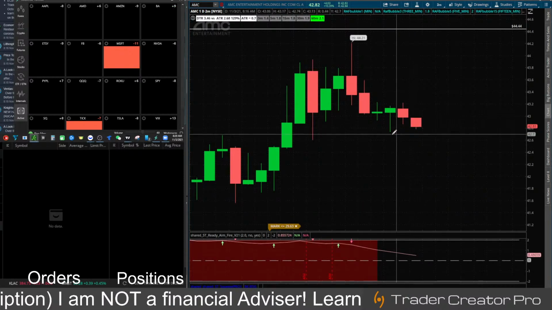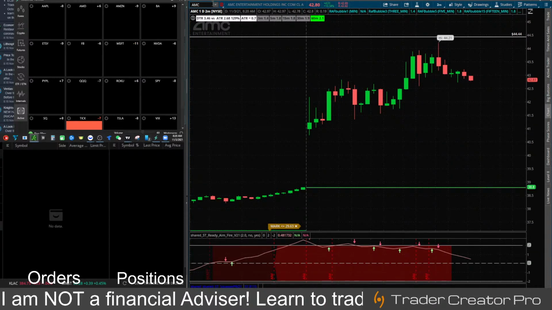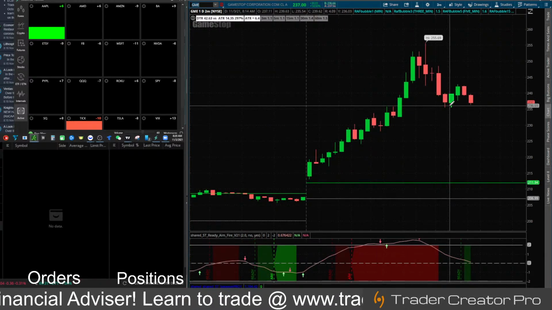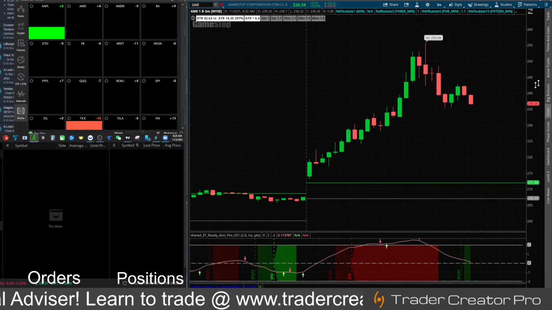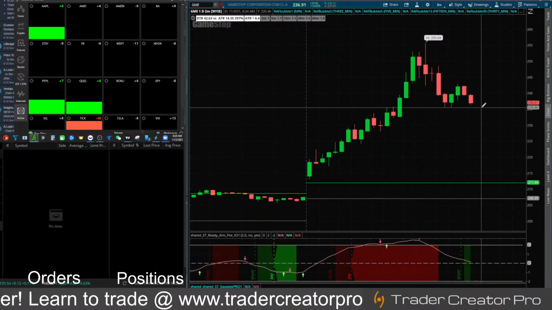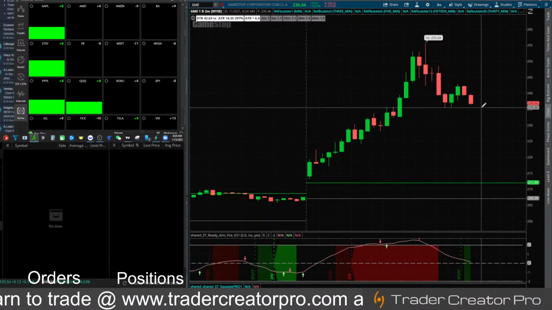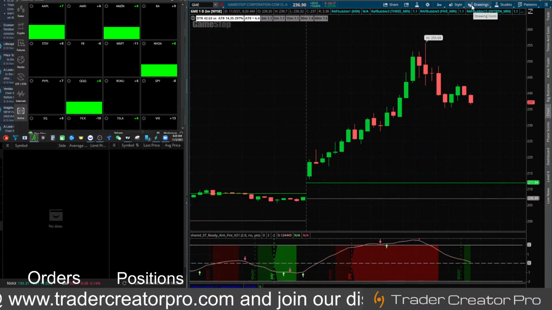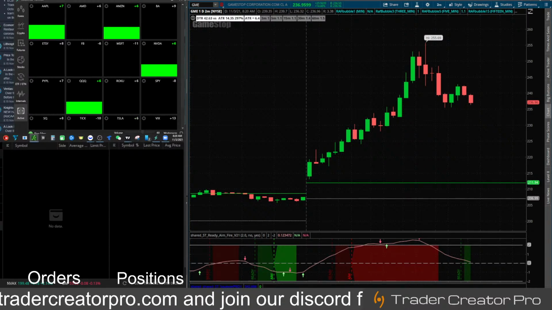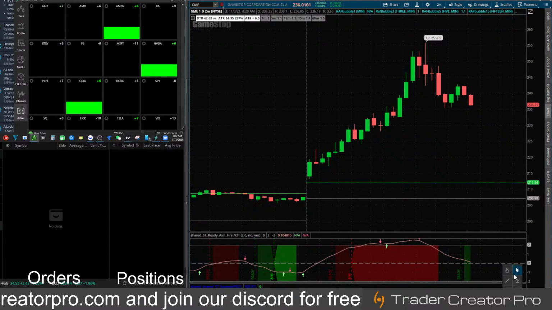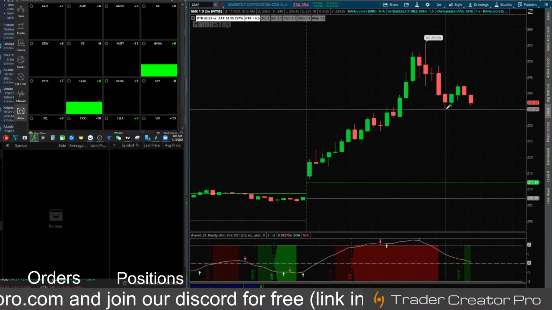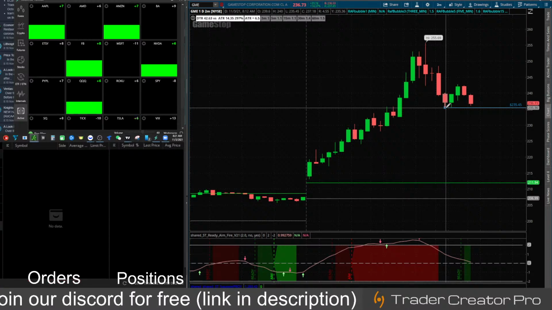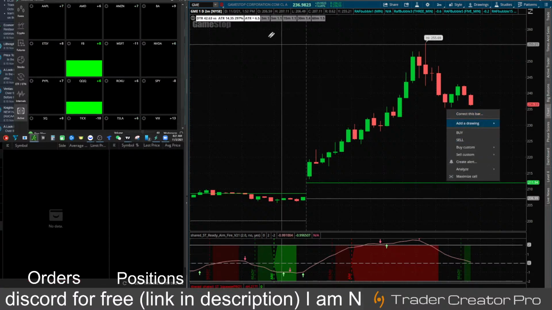So we got a momentum shift here on the 5 minute. What's GME doing? $235 or yeah. If GameStop breaks that.